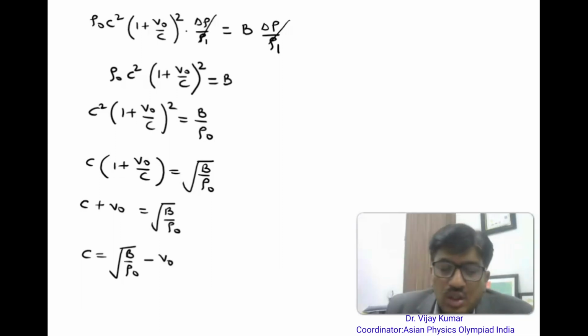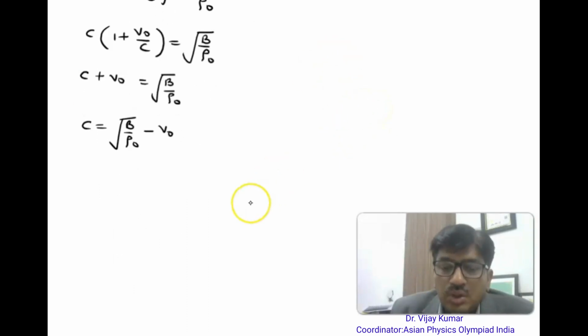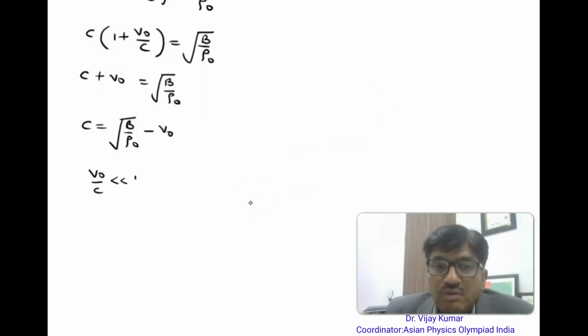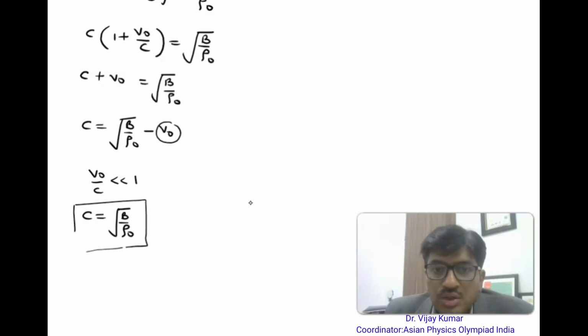And as per the definition of bulk modulus, if we take V naught upon C very less than 1, then we can ignore this term, and now C becomes under root B upon rho naught. So this is C in terms of bulk modulus.